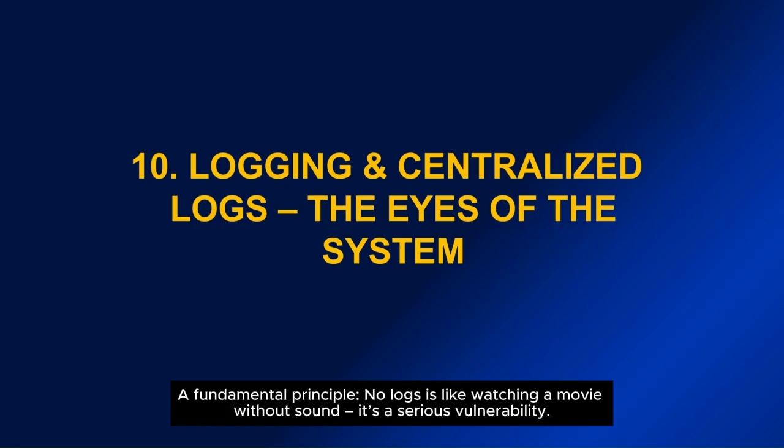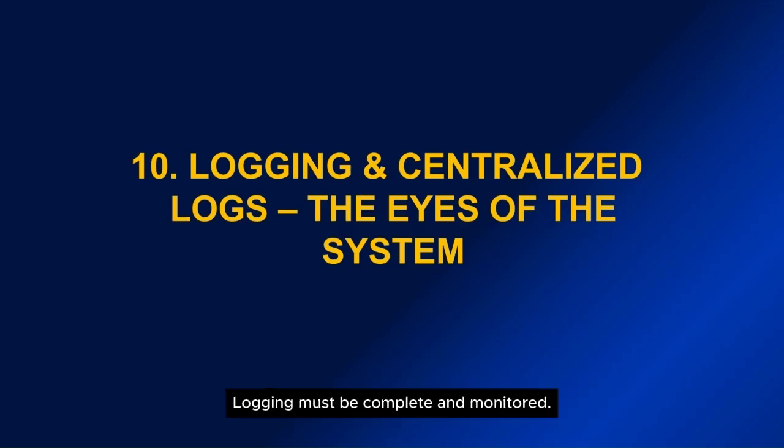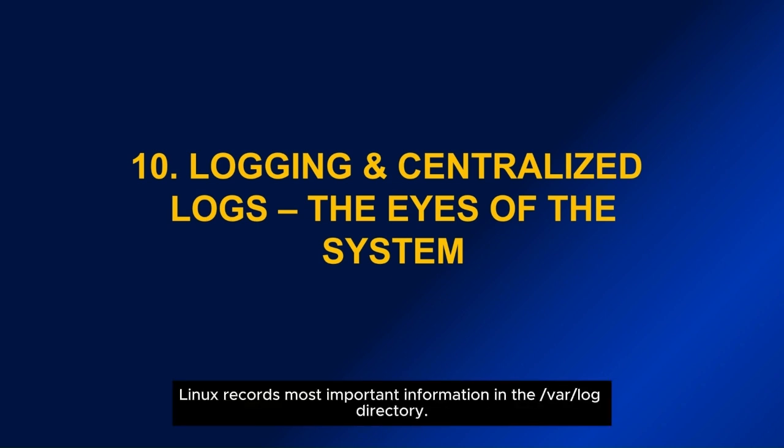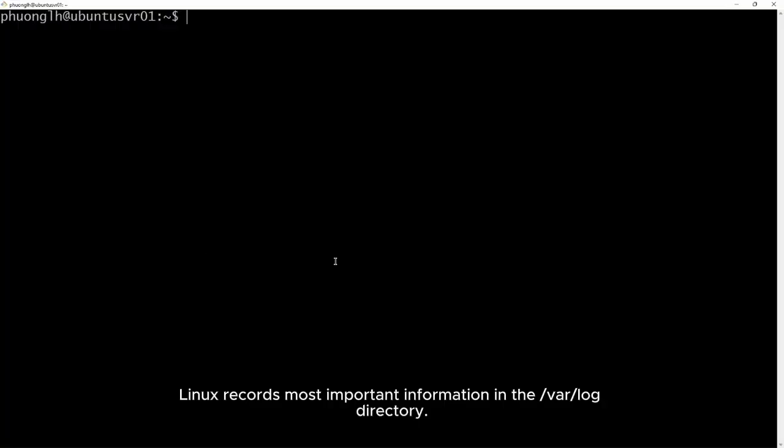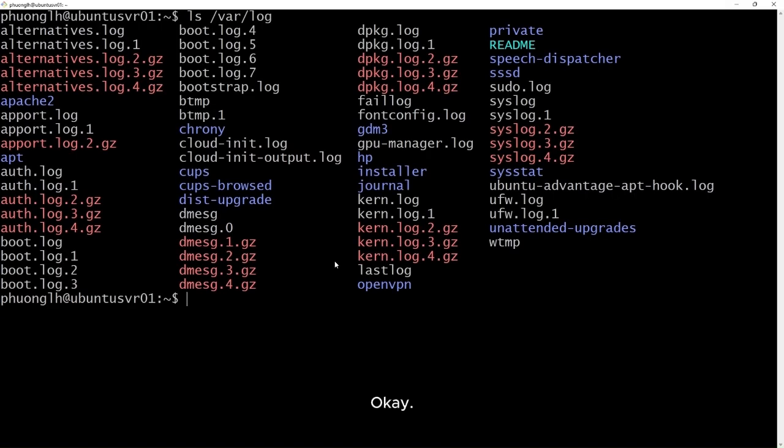A fundamental principle: no logs is like watching a movie without sound. It is a serious vulnerability. Logging must be complete and monitored. Unique because the most important information is in the log directory. Okay?